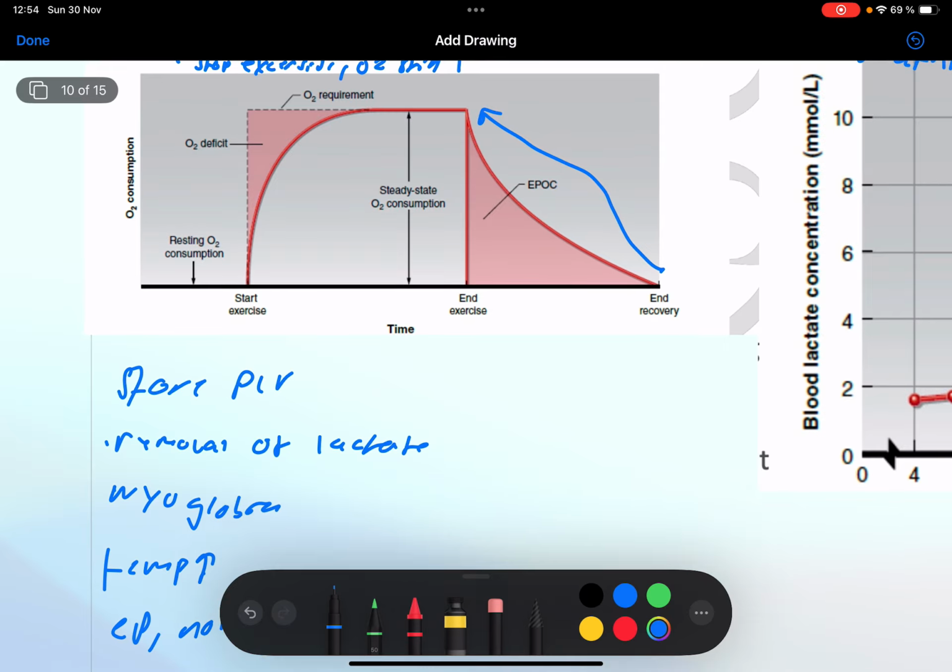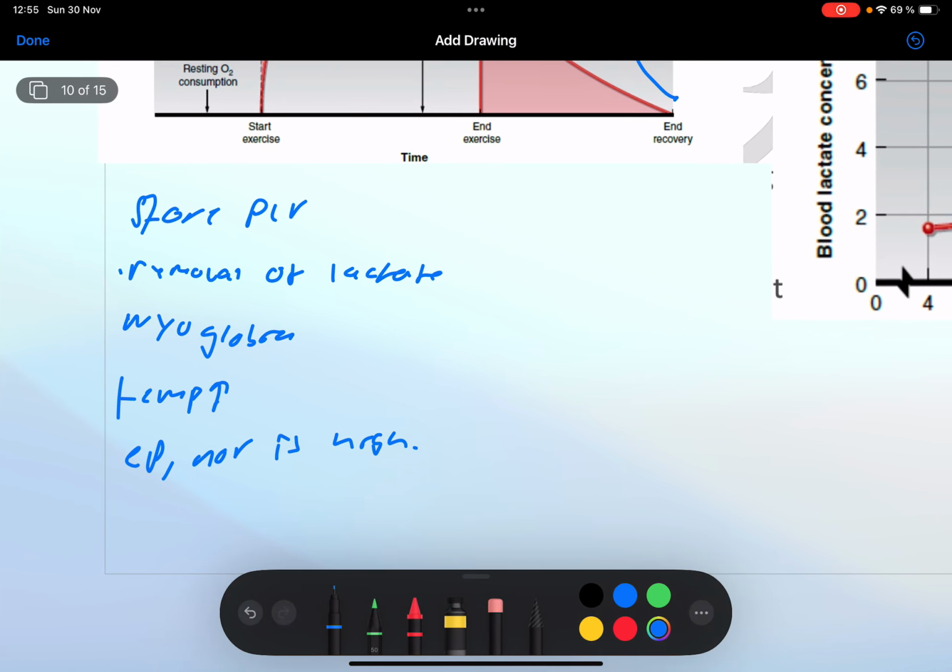This is very easy, and this is because we need this oxygen to restore the phosphocreatine system used during the exercise, and also to remove the lactate by conversion to glycogen. Also, the oxidation of carbon dioxide and water molecules, and the replenishment of oxygen stores, so the myoglobin.